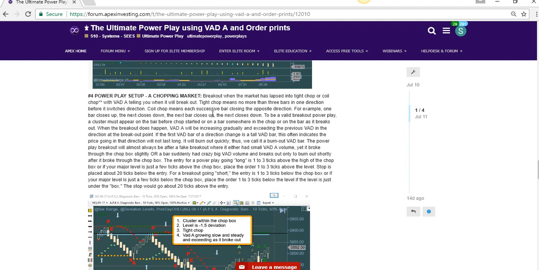As part of this course, you've all seen the chop video that really gets into explaining some chop. In that video, I talk about all kinds of chop. I talk about coil chop, tight chop, bigger range chops. And if you go into the C's training course, again, power play is just one of the many trade setups in the C's course and the C's system.